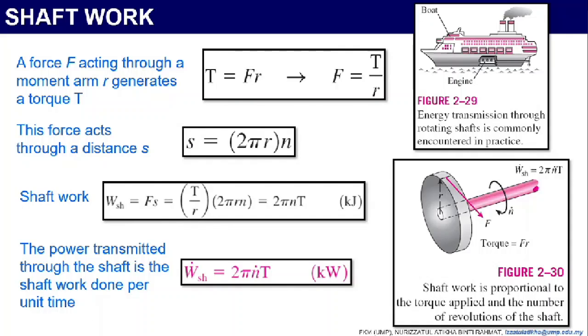Remember, the SI unit of shaft work is kilojoule. In order to get the power of this shaft work, we will get this equation: W dot shaft equal to 2 pi n dot T, and the SI unit is kilowatt.